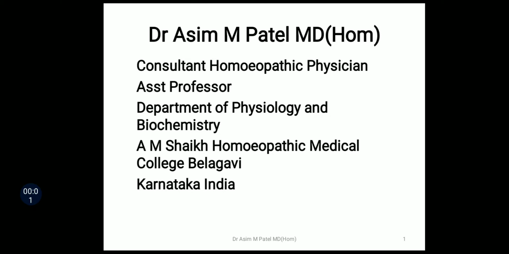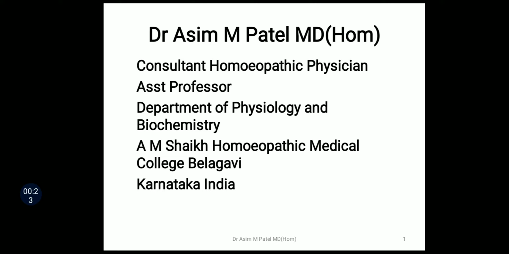Good morning all. So today in this class we will be discussing the limbic system. Basically, the limbic system is a very complex system. It includes various structures which are situated around and below the cerebral cortex.